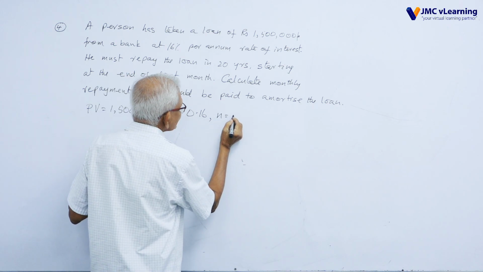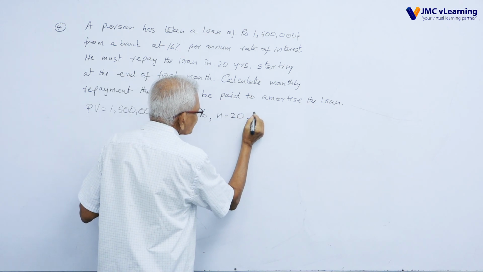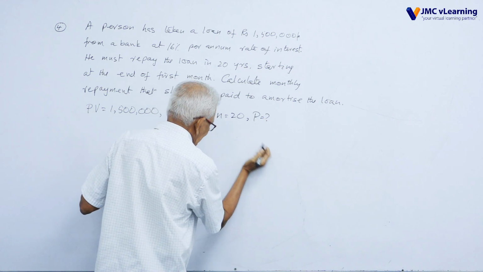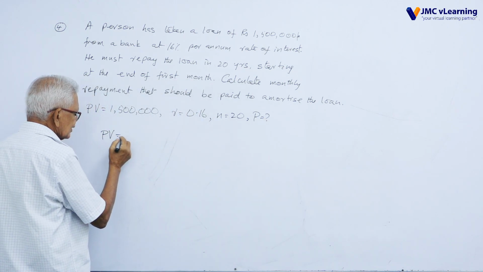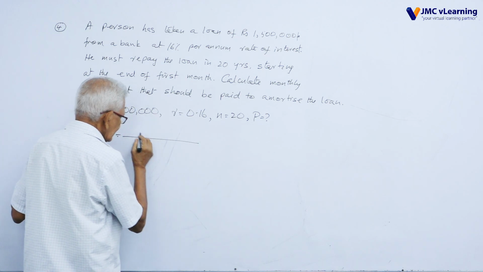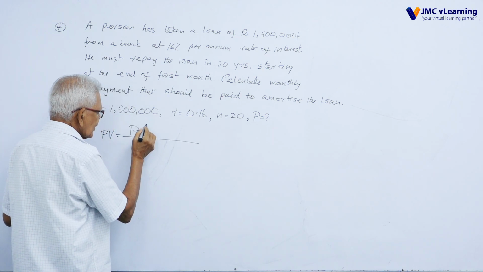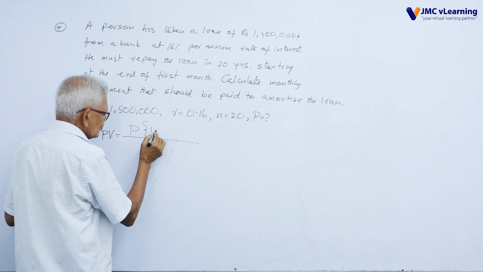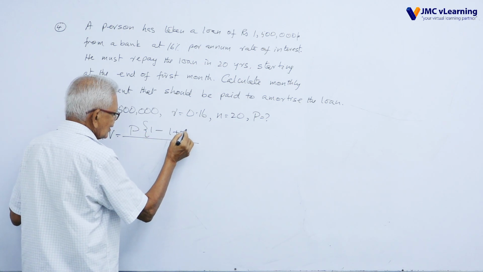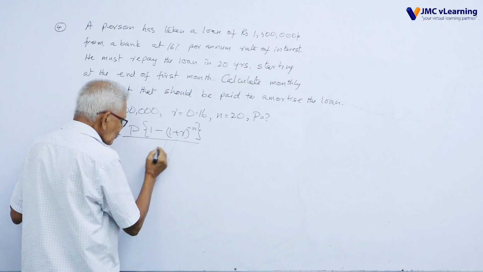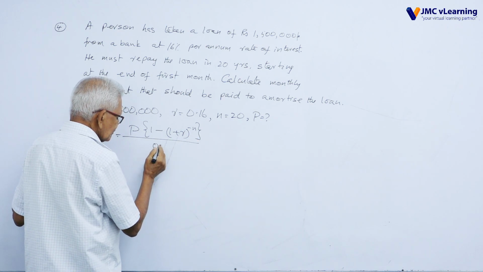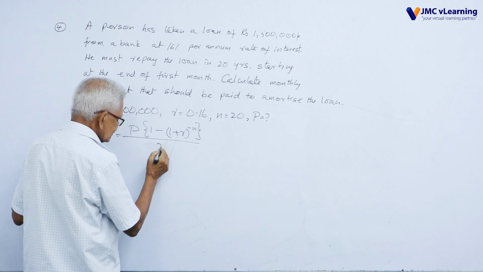N equal 20. P equal what? Annual repayment, right? PV equal P times (1 minus (1 plus R) to the power minus N) over R.